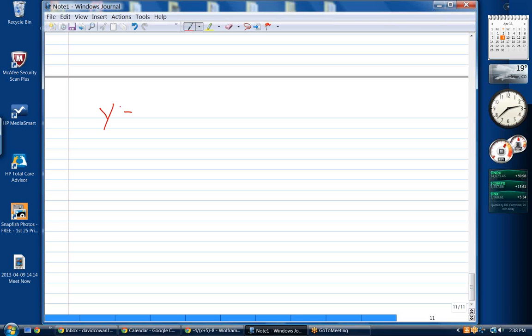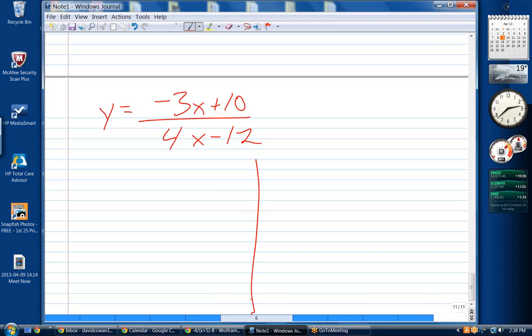So we got y equals minus 3x plus 10 all over 4x minus 12. For graphing it, we need a vertical and a horizontal asymptote. Where's the vertical?